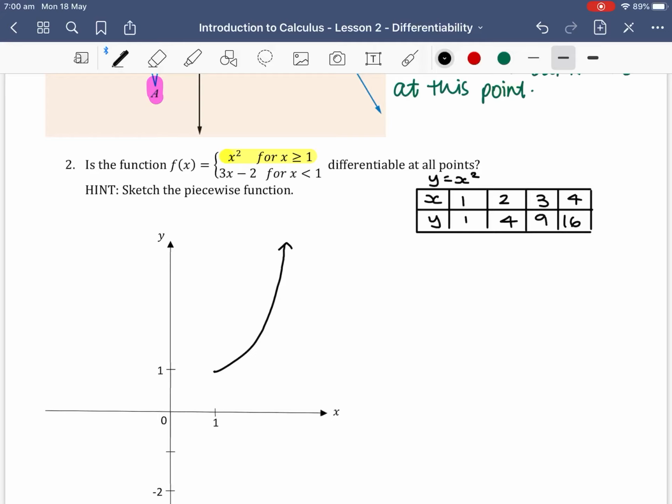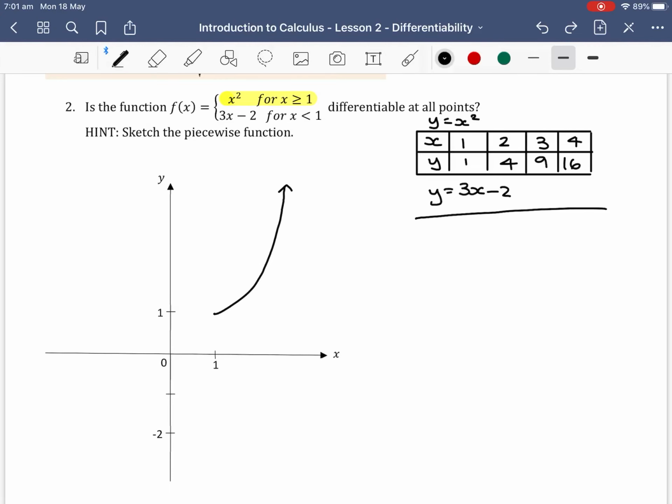That's 9, that's 16. Then for our function y equals 3x minus 2, we don't even need a table of values, because from the standard equation y equals mx plus c, our m equals 3 and our c equals -2, where c is our y-intercept.